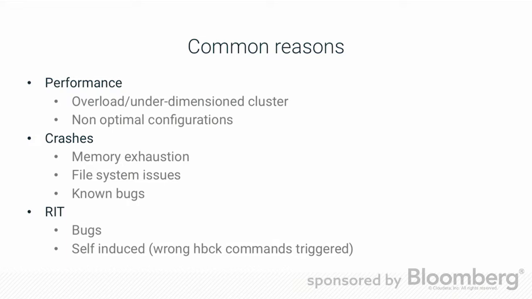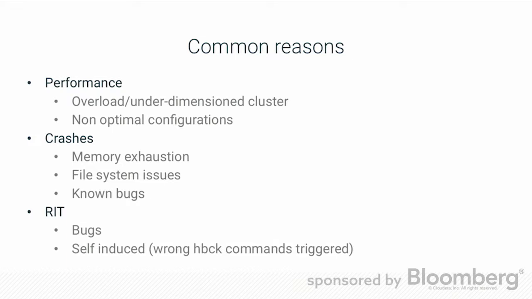Crashes are normally caused by memory exhaustion. I would say that is tightly related to the common performance reasons as well. Like if we have a region server with non-optimal configuration, for instance for heap size, that could be behind the common crashes. But it could also be due to underlying file system issues.